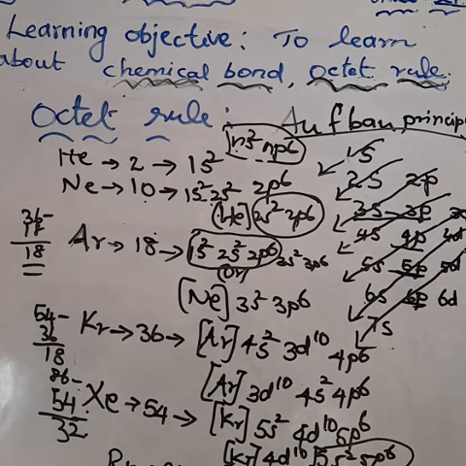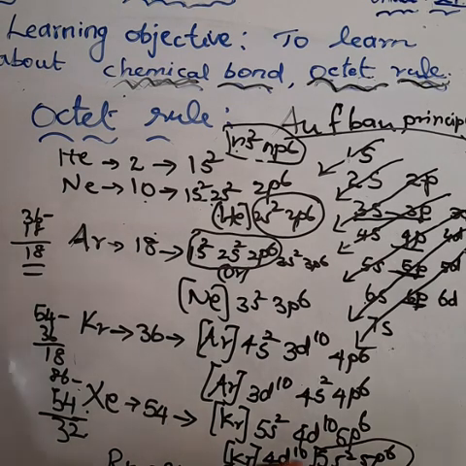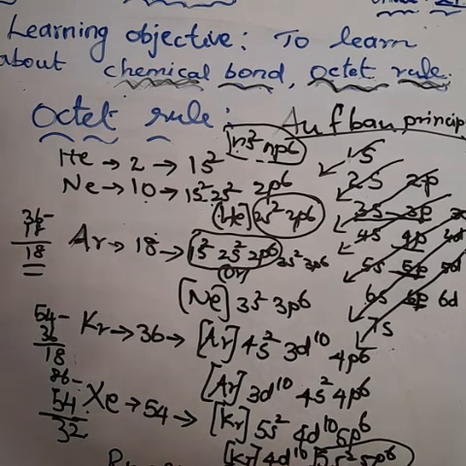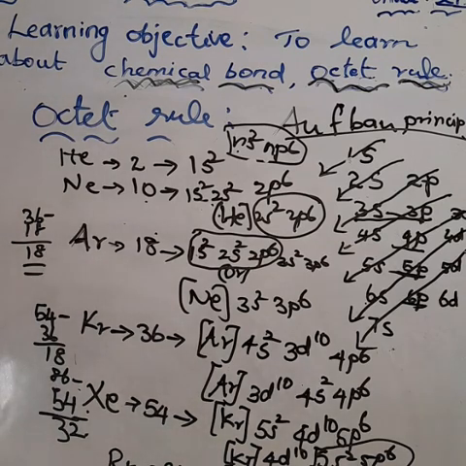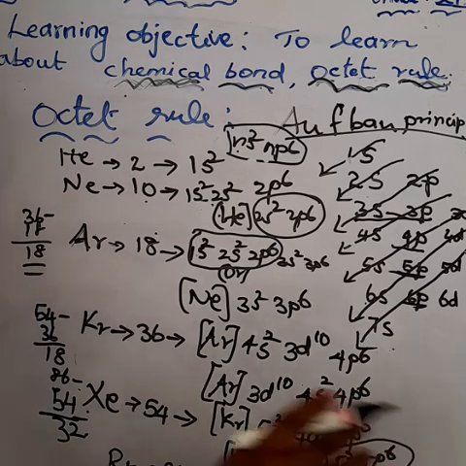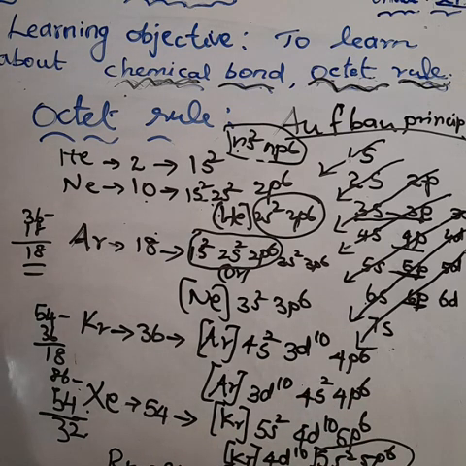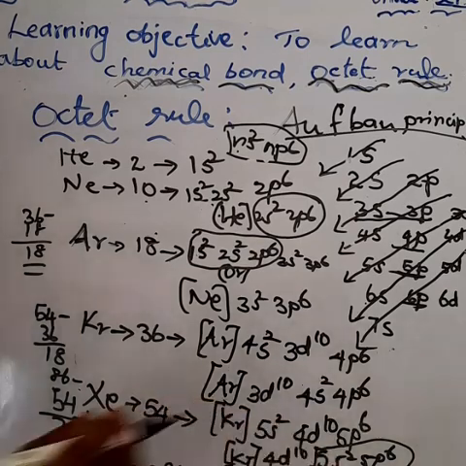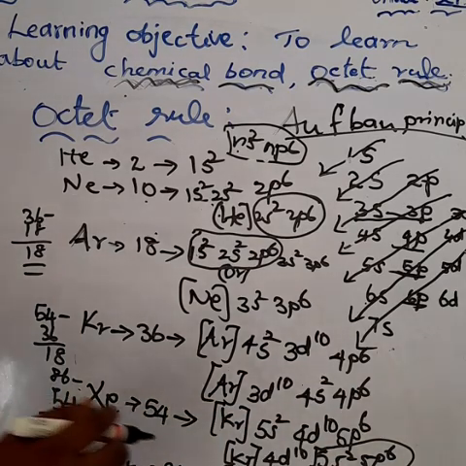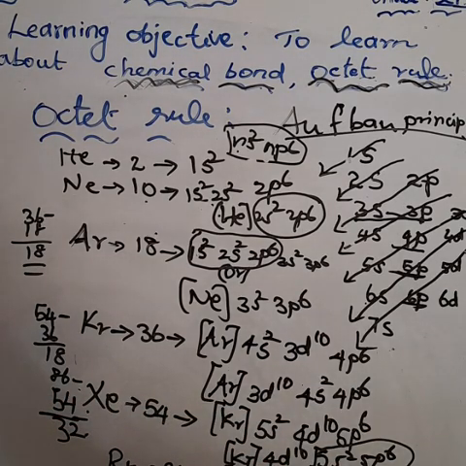Count how many electrons: 14 plus 2, 16, plus 10, 26, plus 6, 32. Okay, 32 electrons we get. The outer electronic configuration is ns2 np6. So we can write xenon 4f14, 5d10, where 4f14 and 5d10 go to the inner shell, and finally 6s2, 6p6.